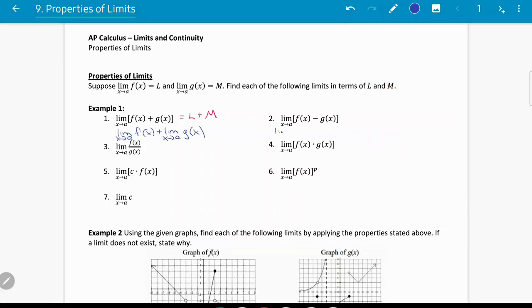Number 2, we have the limit as x approaches a of f of x minus the limit as x approaches a of g of x, and so this is going to be L minus m.